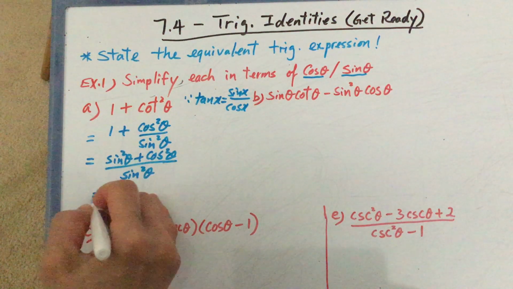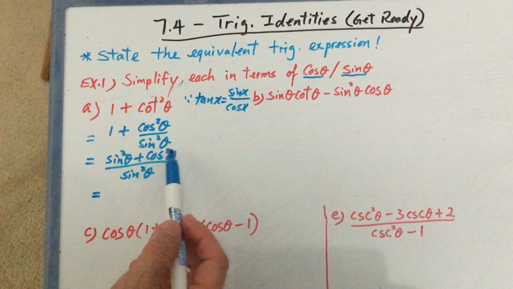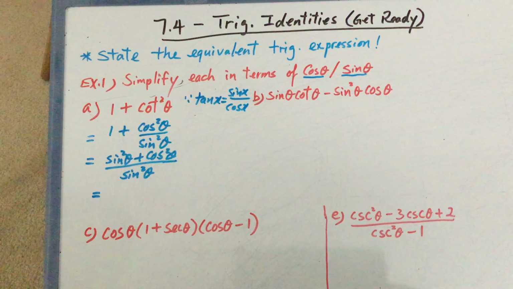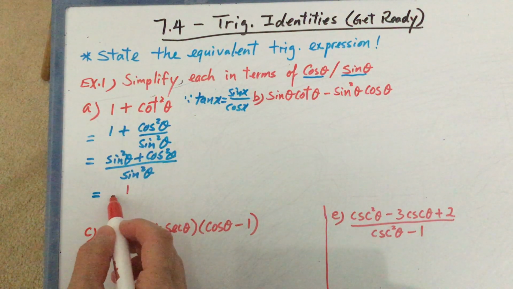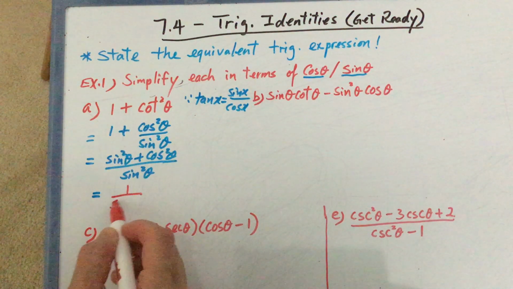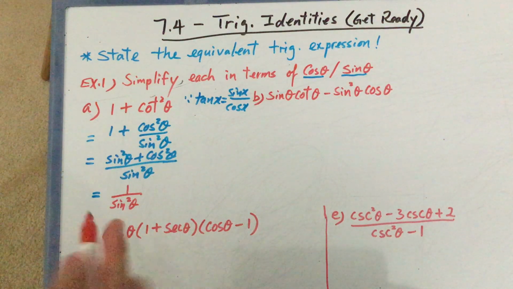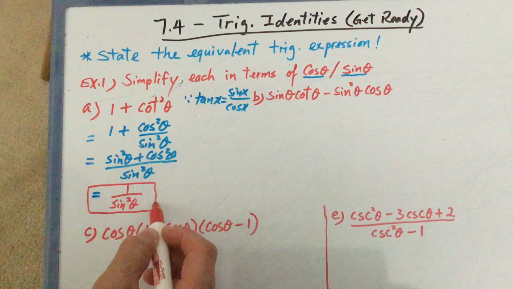Because of the Pythagorean identities, we know that sine squared theta plus cos squared theta gives you 1. So the top is 1, and the bottom is just sine squared theta.